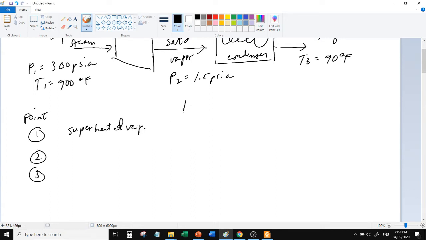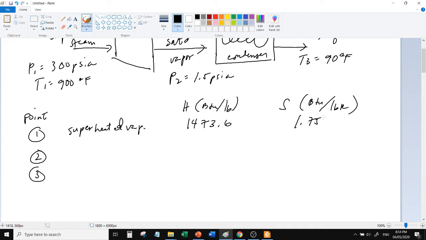And meron siyang H na BTU per pound. From the steam table, may S siya na BTU per pound Rankine. So, kunin mo from steam table, ito, H is 1473.6. Yung S mo ay 1.7591.